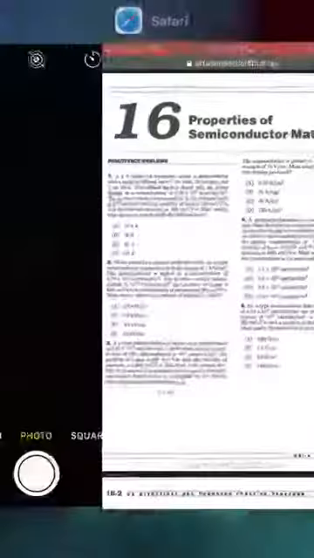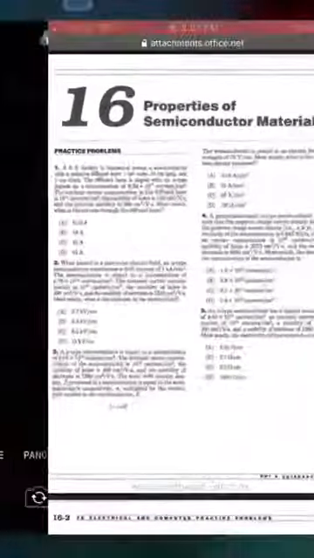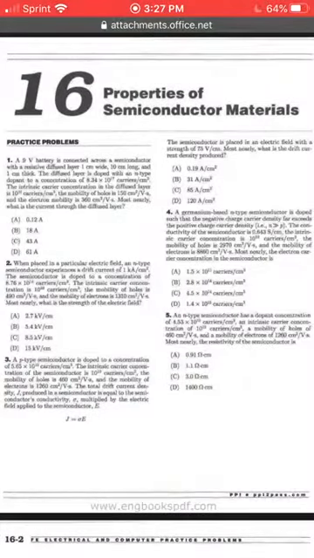And then we have ourselves a hole mobility of 150 square centimeters per volt second. And the holes likewise are often associated with the p-types. All right, let's do the mathematics.